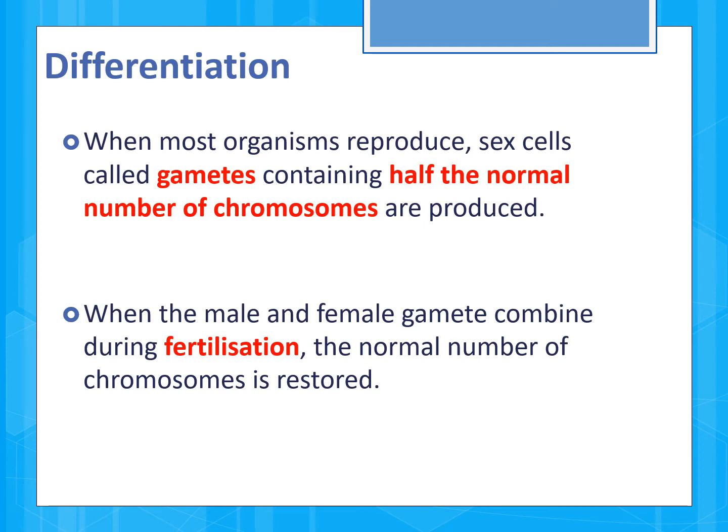Gametes contain half the normal number of chromosomes, so that when you fertilize the egg, when you get the fusion of the genetic material from the sperm and the egg, you restore the normal number of chromosomes. The egg has a single copy of each, it has 23. The sperm has a single copy of each, it has 23. When they fuse together and you have a fertilized egg, it has the correct number. It has a total of 46 and it has 2 copies of each chromosome.